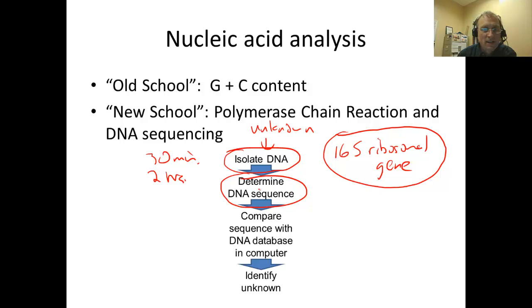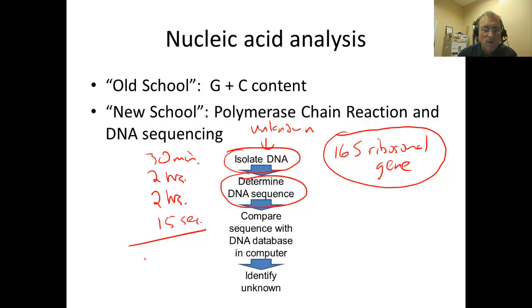When the PCR reaction is put into the DNA sequencer, it's about another 2 hours of time to determine the DNA sequence, and then once we get the DNA sequence, this comparison of the DNA sequence using the computer is about 15 seconds, and we identify our unknown. If we add up the time that we have here, we have 30 minutes, 2 hours, 15 seconds.